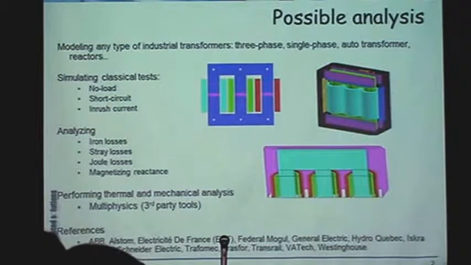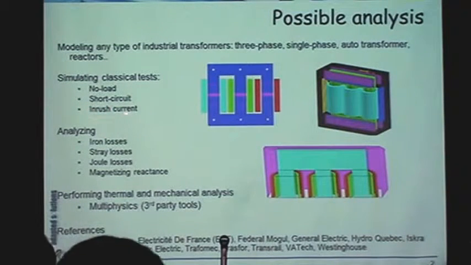And so the classical simulation tests we're going to do are actually no load, short circuit, inrush, but we will also be able to do any power factor we are interested in, just by putting a load on the secondary and seeing how it works.